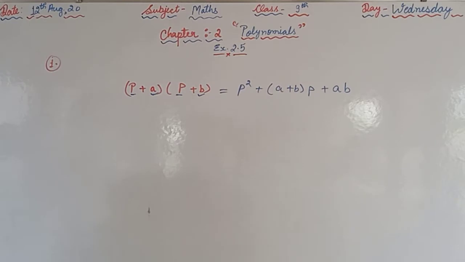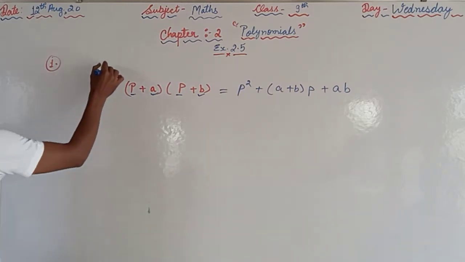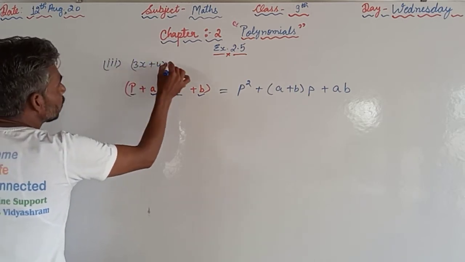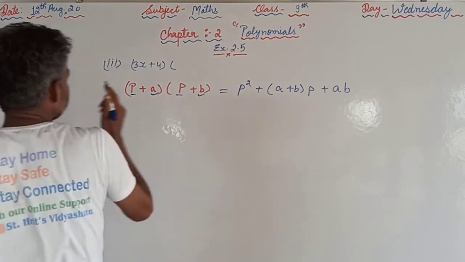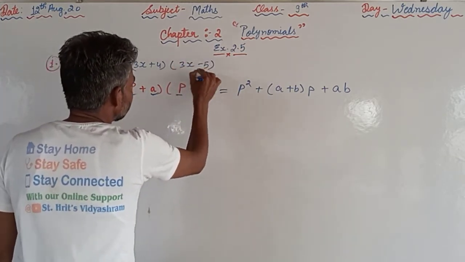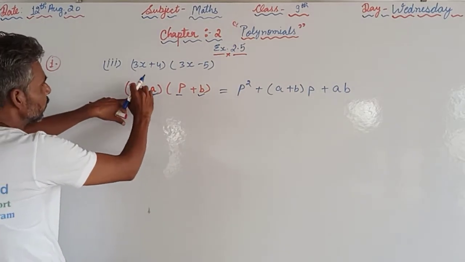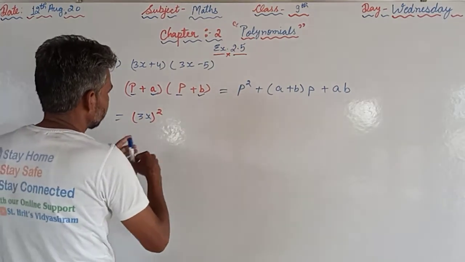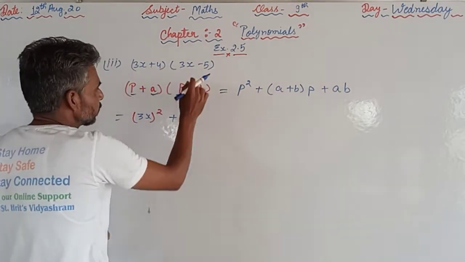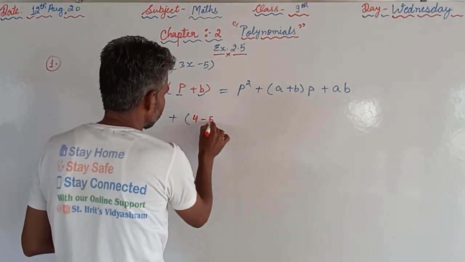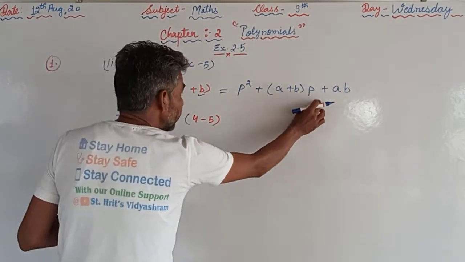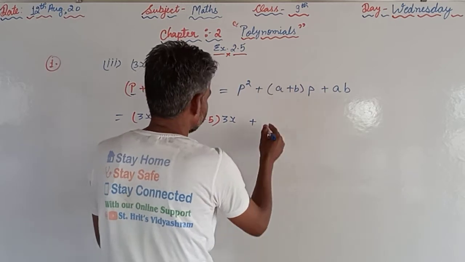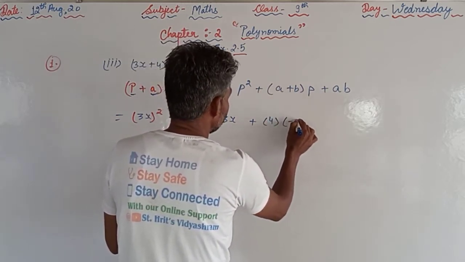The third part is (3x plus 4) into (3x minus 5). In this, if we compare, in place of p there is 3x, so (3x) whole square plus (4 minus 5) into p, and here in place of p there is 3x, so we write 3x plus 4 into minus 5.